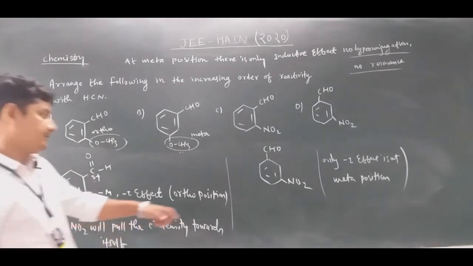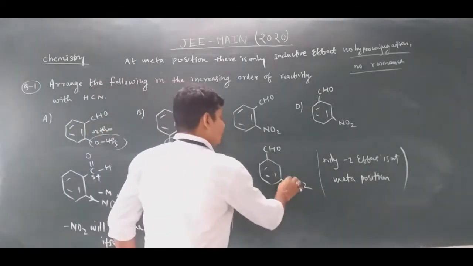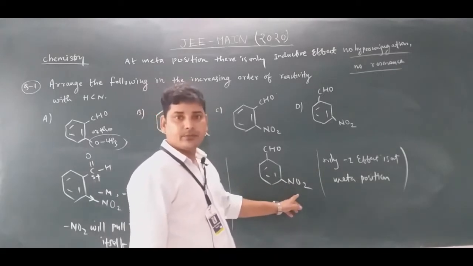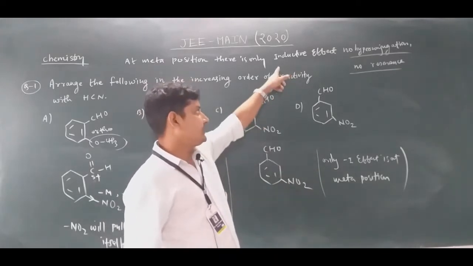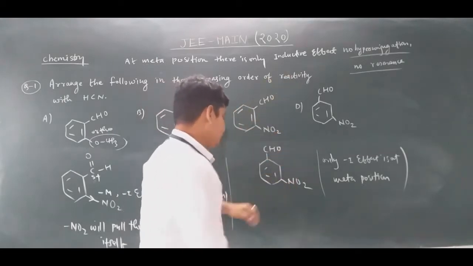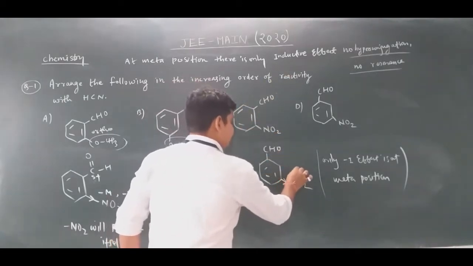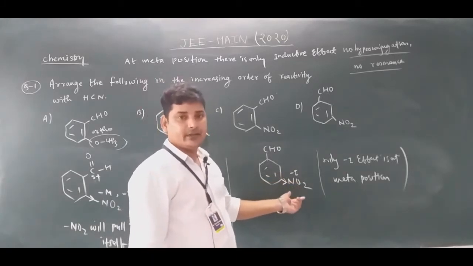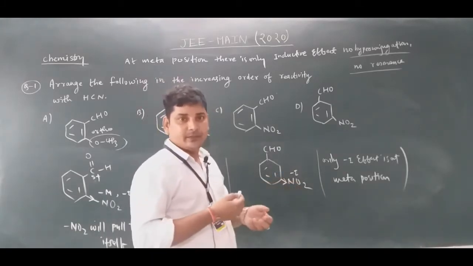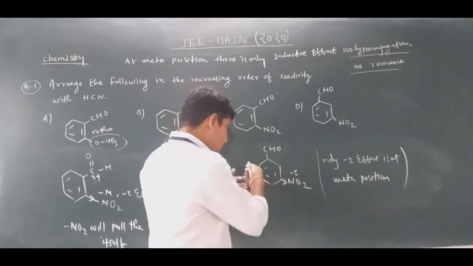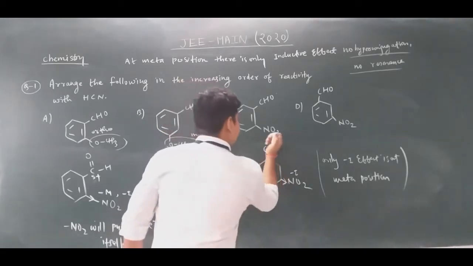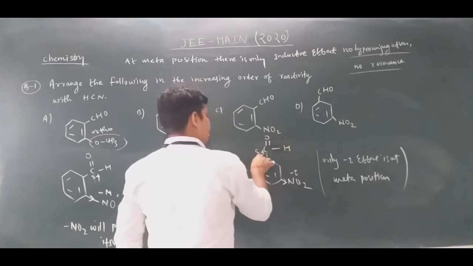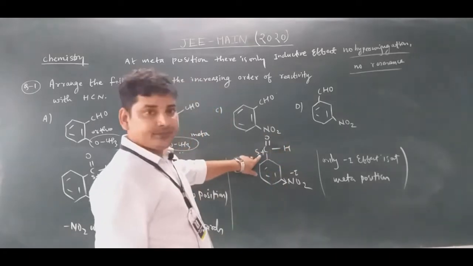Now see here, no minus M, because NO2 is present at meta position. At meta position there is no resonance, I have written here. So only minus I effect is here. When only minus I effect is here, still it has electron pulling tendency, it will withdraw electron density, and therefore this plus character increases.